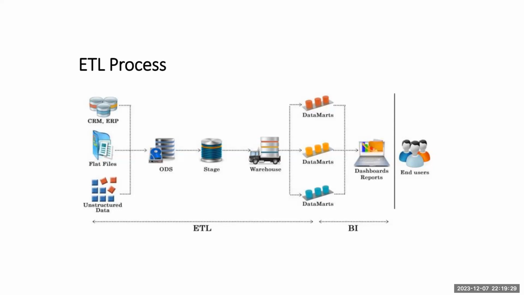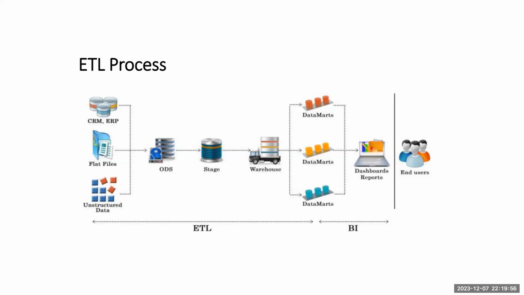In the staging area we do cleaning, purging, and masking. Masking means if you have any confidential information that we do not want to show to the user, we mask it and represent the data. Cleaning, purging, removing duplicates, all of this is done in the staging area.